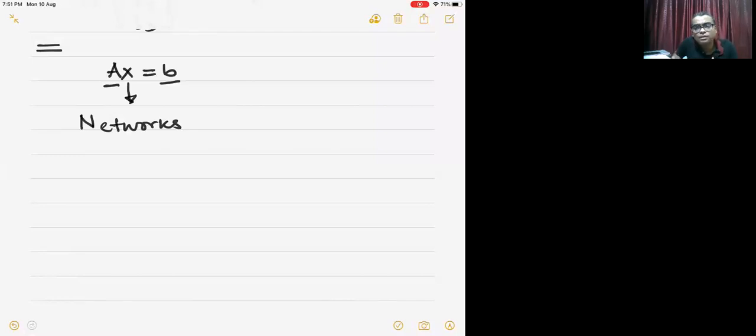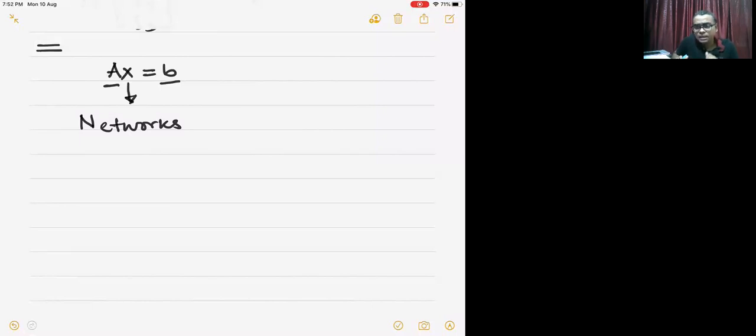Wherever we see a network, ideas like KCL, KVL, or graph theory will work and will ultimately end up with an equation which looks like AX equal to B, where A is known, B is known, but X is unknown.